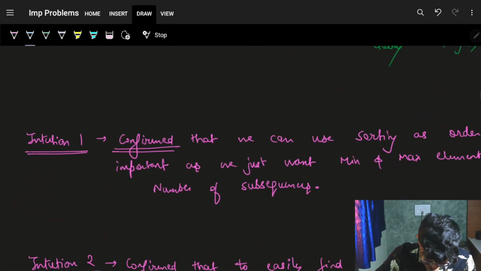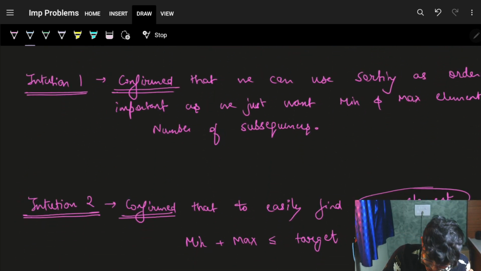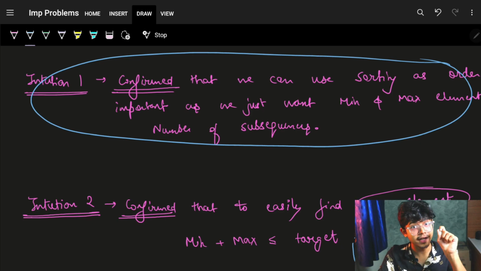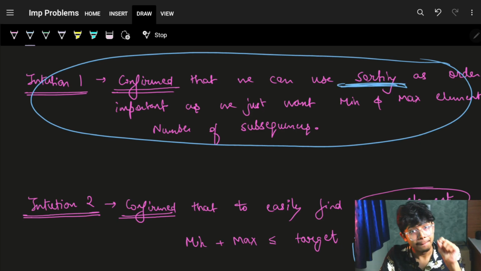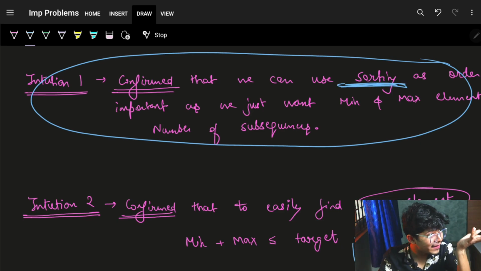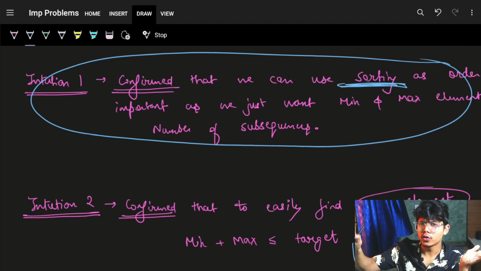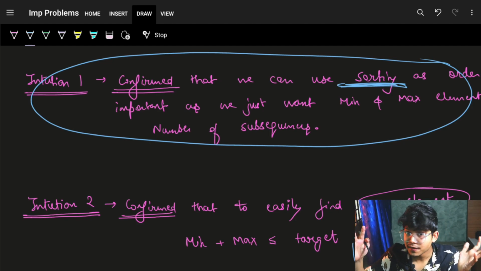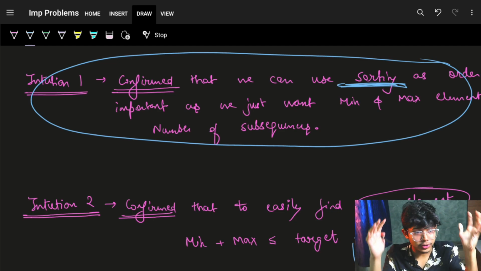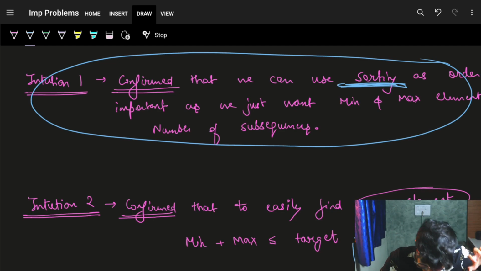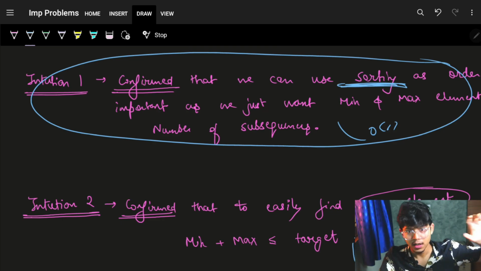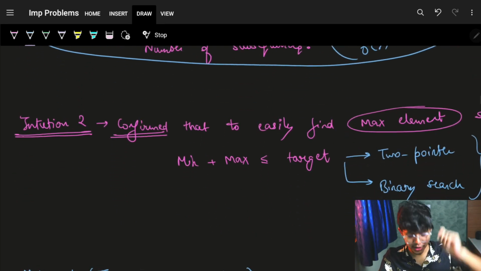Now let's see what we got. The first intuition we confirm is that we will sort. Why? Because for one index i, I want the maximum element j in O(1) or O(log n), such that I can find the number of subsequences possible for this index i in just O(1) or O(log n). One thing I got for sure is that I will sort it.